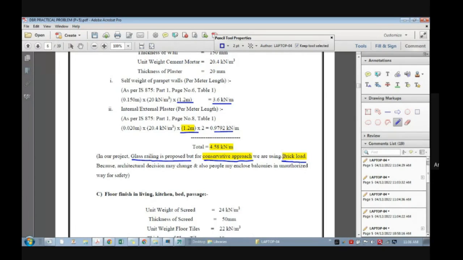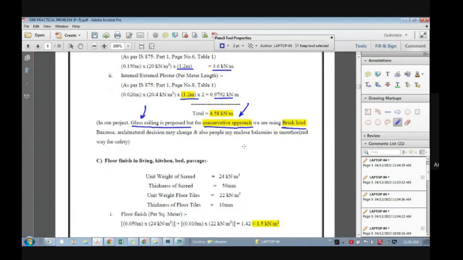The reason is many times architects change their decisions during construction also. They may feel that instead of glass, let's go for a brick wall. At that time, if you have not considered the brick load, then there will be a problem. So sometimes you can take conservative approaches as a structural engineer, depending on the possibility of changes in the future. What is the next dead load?